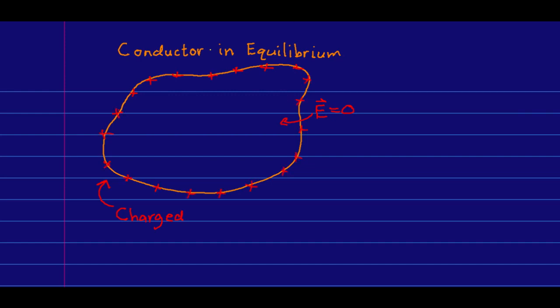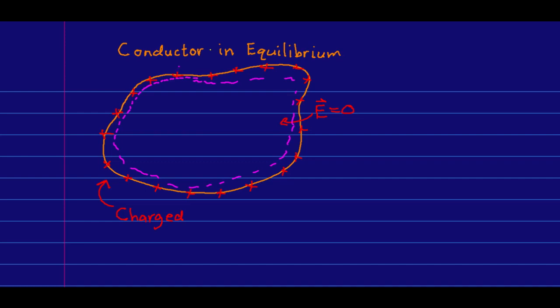Now note what that means when we draw surfaces. I can draw a surface just inside the surface of the conductor, and again, the charge inside that surface is zero, and so the flux through it is zero. And so there's no E field passing through that surface.